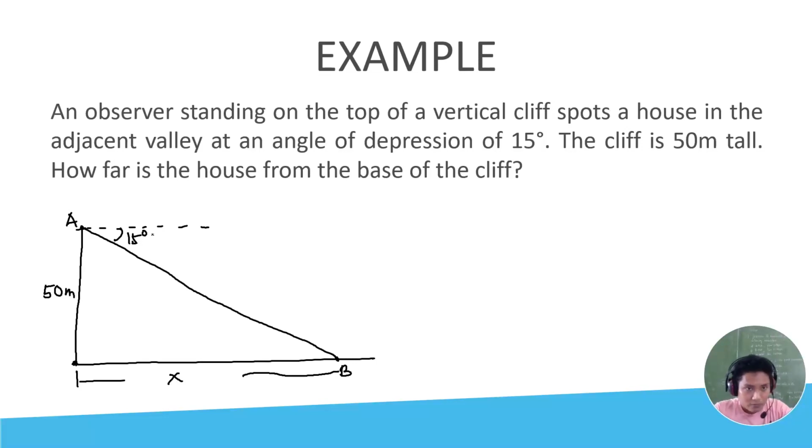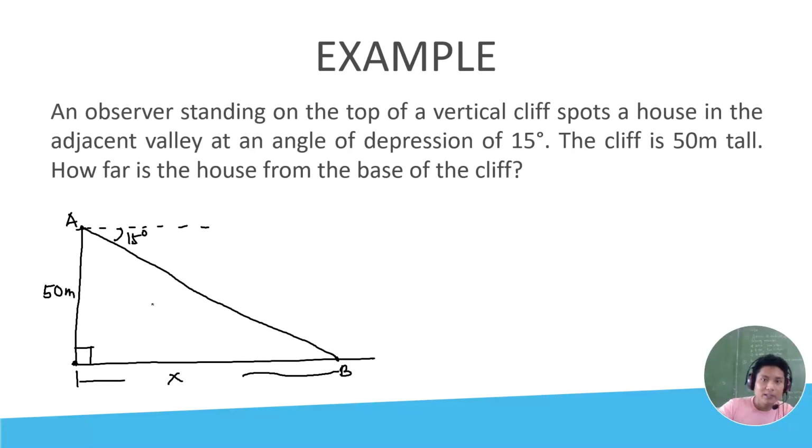Now, since this is a right triangle where we can form a right angle here, but we have only one given angle, which is the right angle, we need another angle so that we can solve the horizontal distance x.